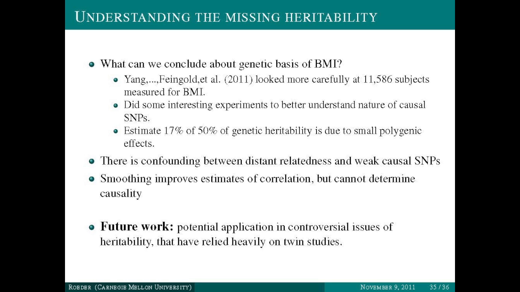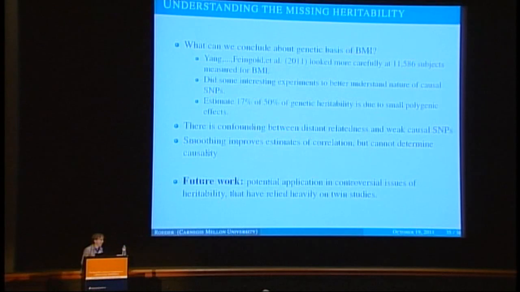So is it the case that this is the between 17% up to 49%, is that missing heritability that people are going to find some other place, like in rare variants, or is it not? And unfortunately, statisticians can't answer that because we know very well that correlation does not imply causality.